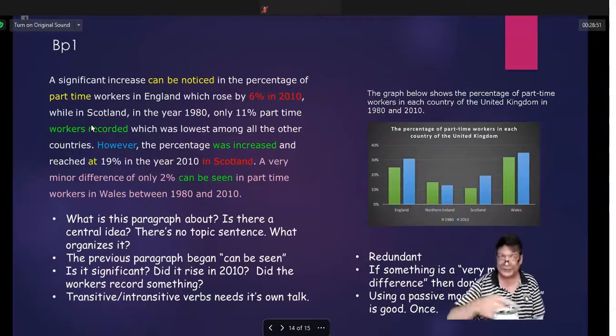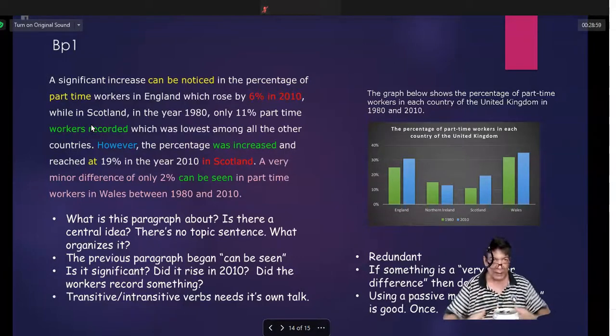I can increase something. If I'm a shopkeeper, I can increase my prices. Okay? I can go and change it and make my prices higher. I'm doing the thing. Okay? However, a lot of verbs are intransitive. Ones like "happen." Can you happen something? No, things just happen.